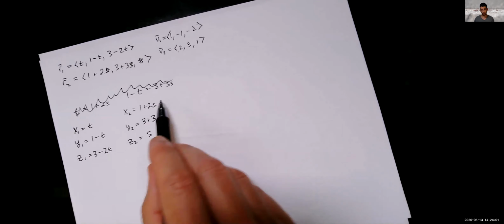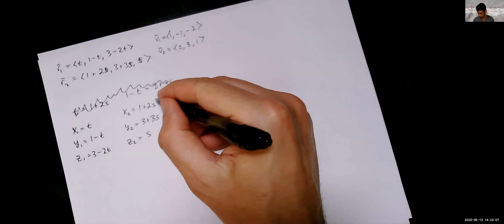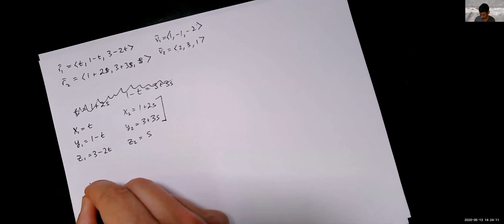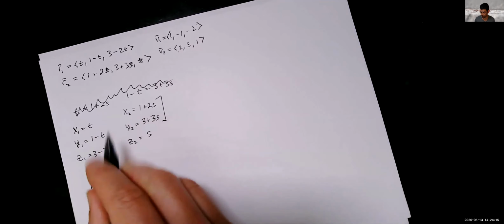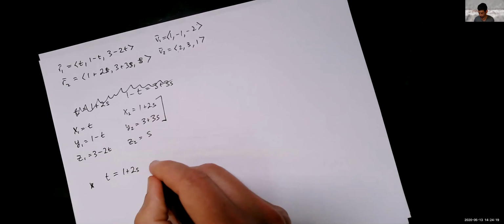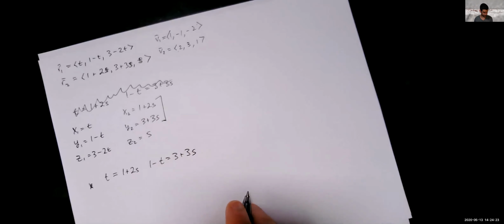So same game, we want to set these equal to each other. We really want to do it for all 3, but we start with 2 of them. So I'll just choose the first 2 again. I want x1 to be equal to x2, so I get t equal to 1 plus 2s, and my other equation is 1 minus t equals 3 plus 3s.